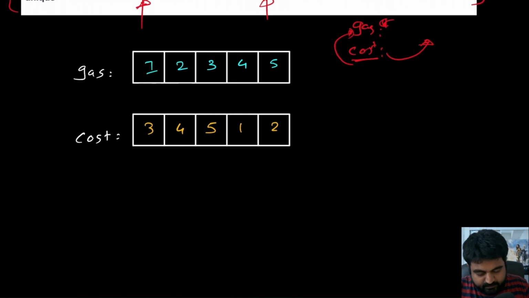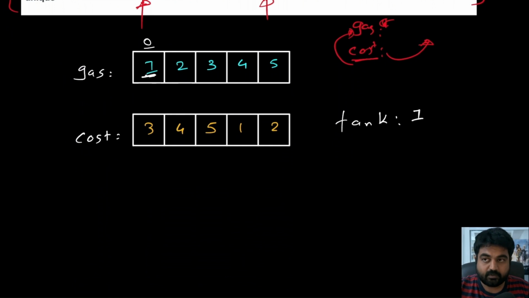Let's say we start our journey from index position 0. Let's mention the amount of gas in the tank. Currently the tank is empty, so no gas at all. At position 0, we would be able to fill in one amount of gas, so currently the tank has only one amount of gas.